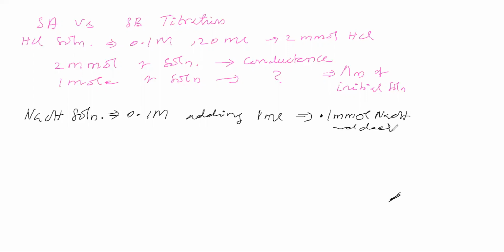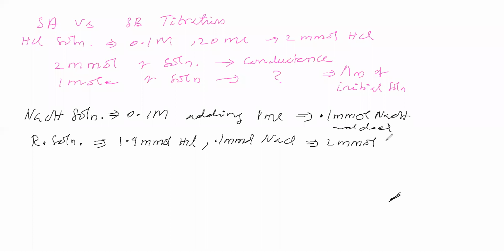Due to that, a reaction takes place. In the resultant solution, 1.9 millimoles of HCl is there after reaction and 0.1 millimoles of NaCl is there. Totally, you see 2 millimoles of electrolyte.